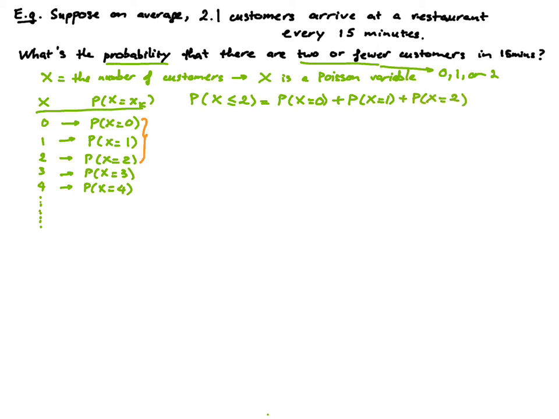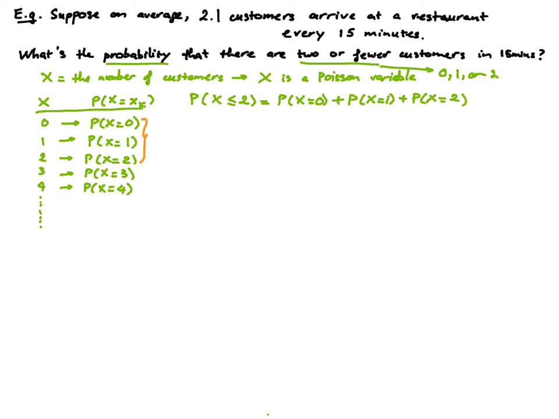Okay. Now at this point there are 2 ways to proceed. The first way is to plug numbers into the formula that we had, and then do the calculation and get the answer. Okay. An easier way, in my opinion, is to use the Poisson table.